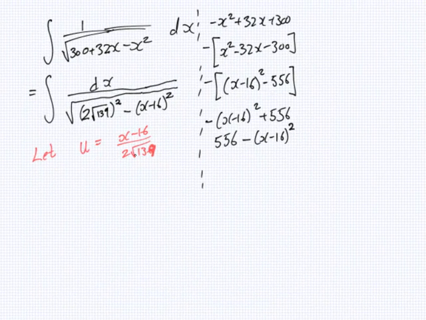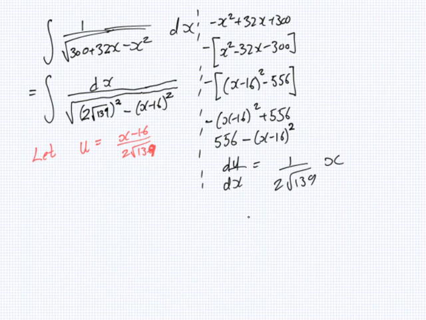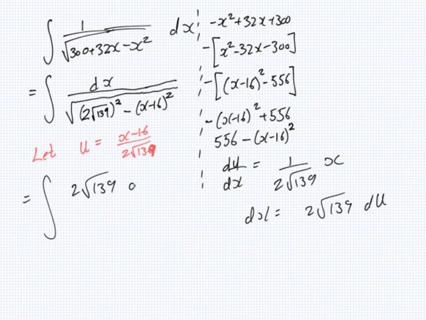Okay, so what is du dx here? du dx will equal 1 over 2 root 139. So that means dx equals 2 root 139 du. So this is equal to 2 root 139 du over the square root of 2 root 139 squared minus, now what is x minus 16?